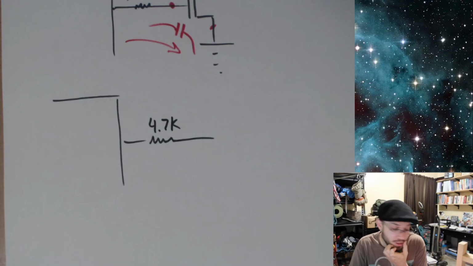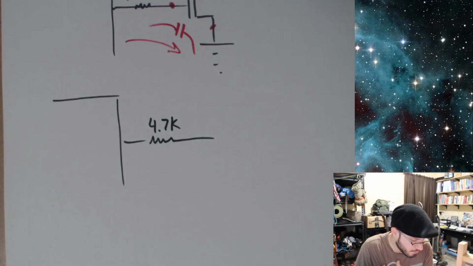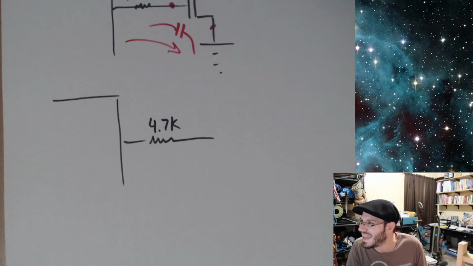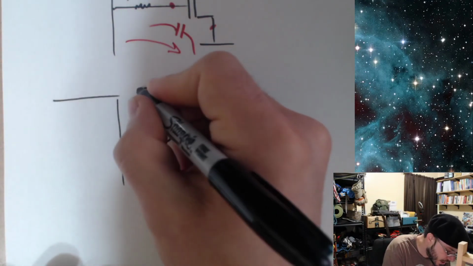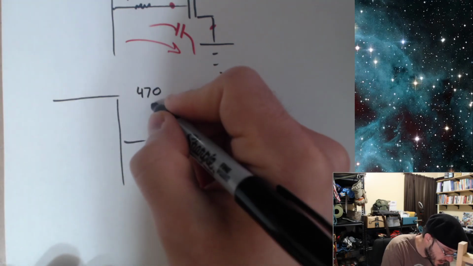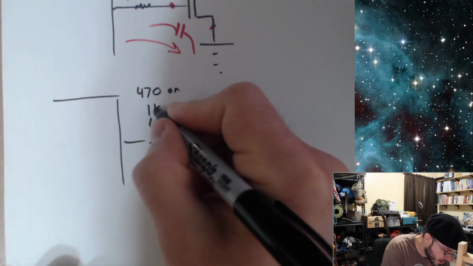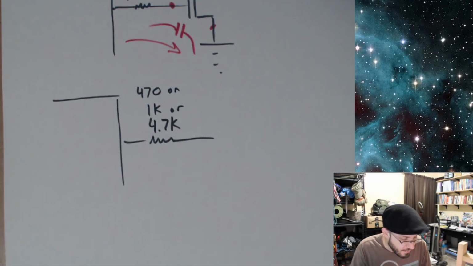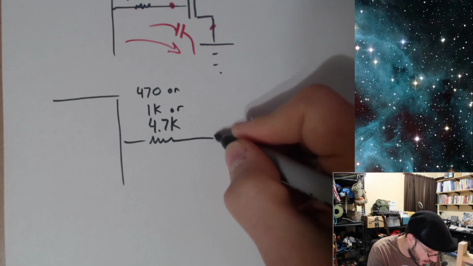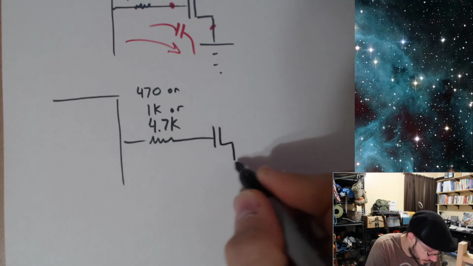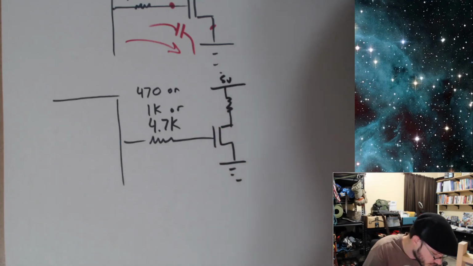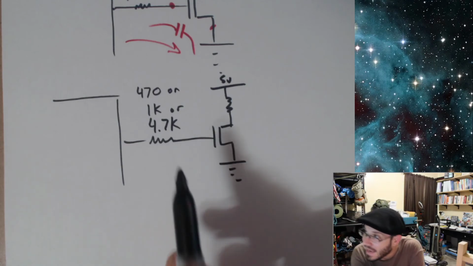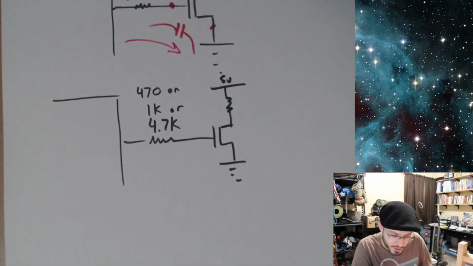Let's just put some resistance over here, 4.7K, 1K, 470 ohms, all are valid. Kind of depends on your situation you're in, but let's go ahead and say 470 or 1K or 4.7K. We just need something here. And now we have some mechanism to limit the inrush current.